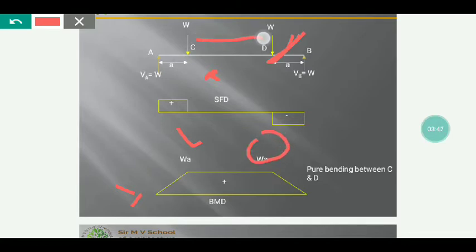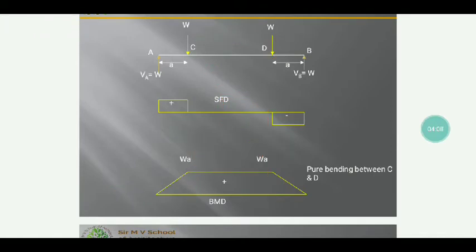Between these two forces I don't have any forces, so there is a constant bending moment. So this portion from C to D has no shear force, but it has bending moment values. This portion C to D is called the pure bending case.